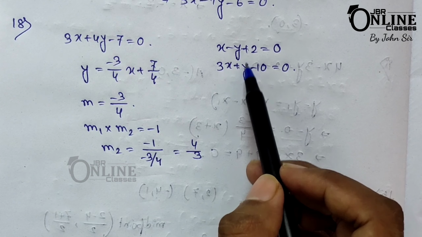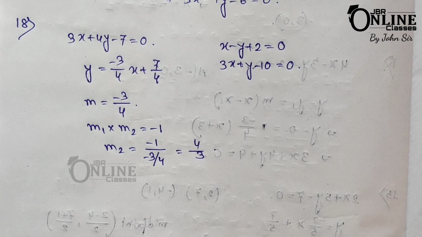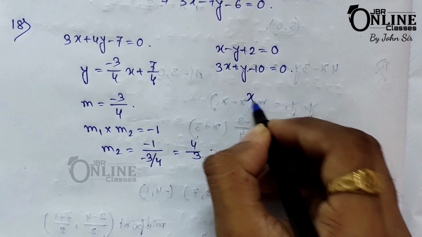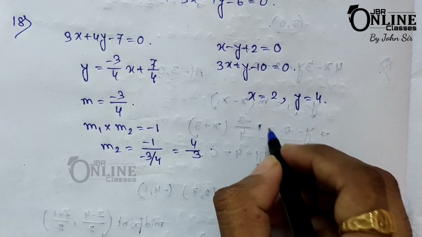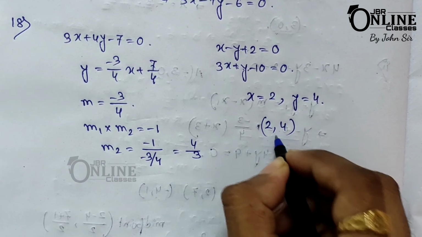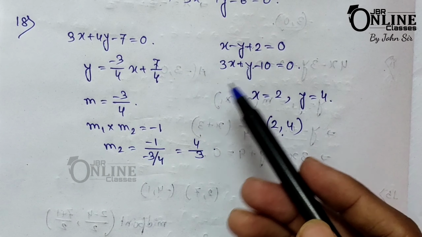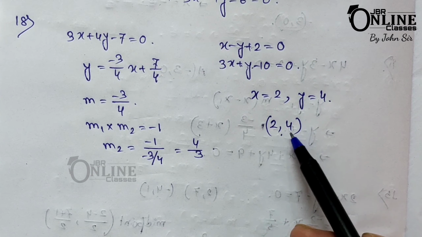Next, you have to find the point of intersection of these two lines. That means you have to solve these two equations as simultaneous linear equations, and from that you can easily find x equals 2 and y equals 4. So the point of intersection is (2, 4). You can apply any method, elimination, substitution or cross multiplication, to find the values of x and y.